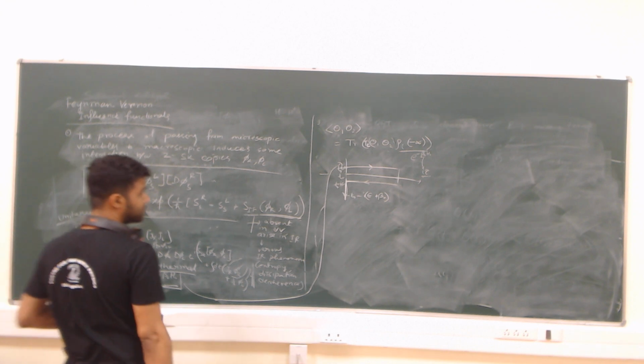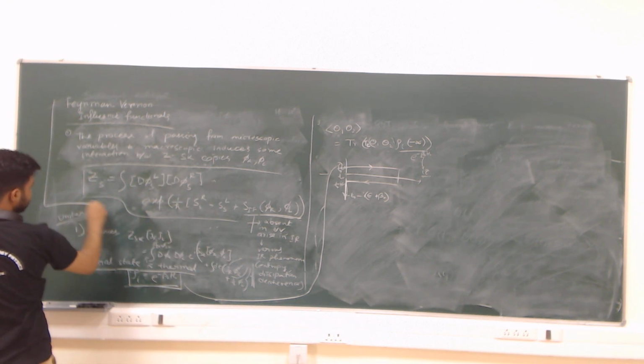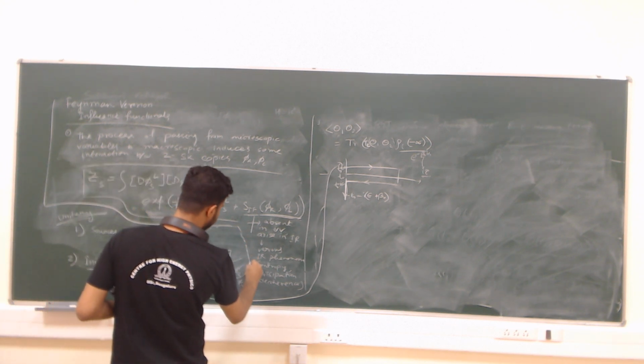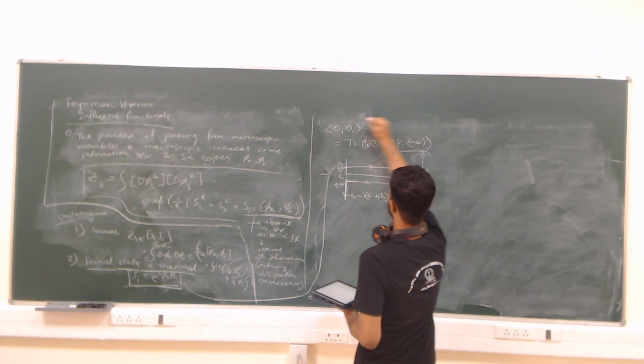Now, coming back to the non-unitary situation, the discussion of the finite influence functional, we will see an example of that.